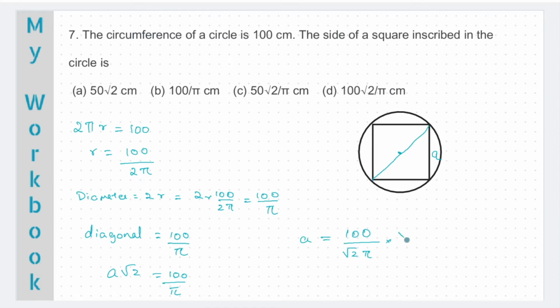For rationalizing, we multiply by root 2 in the numerator and denominator. So we get 100 root 2 divided by root 2 into root 2 will give us 2 pi. So it is 50 root 2 divided by pi. Side of the square is 50 root 2 by pi centimeter. Option C is the correct answer.